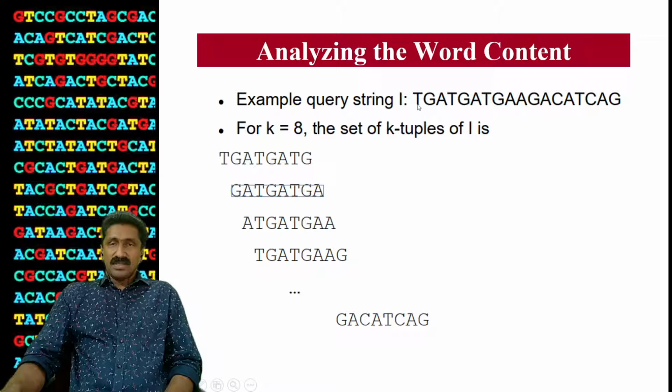For example, 8 letters starting from the first, T, is this one, and starting from the second letter G, you can take 8 letters, and the second word is generated. Likewise, you can generate different keywords or 8-letter query strings in this fashion.